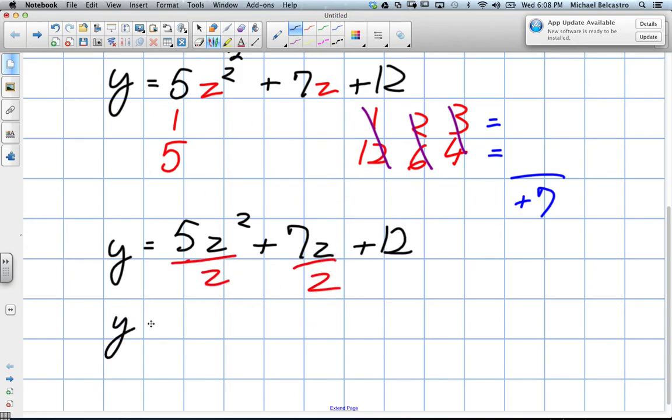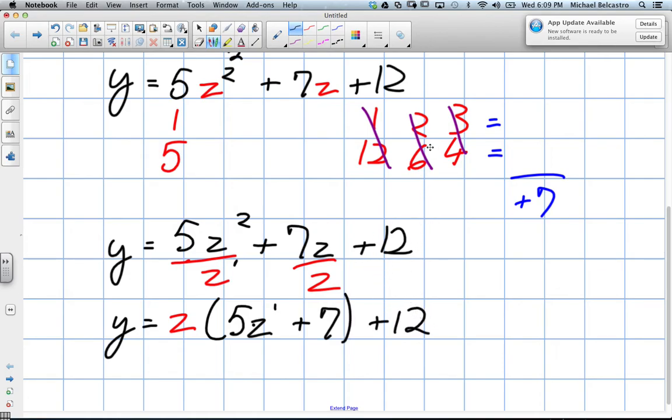So y is equal to z. What would this become? It would still just be z, because z squared divided by z to the power of 1, you subtract the 2 exponents, so we get z to the power of 1. And what would this become? 7z divided by z, 7. Yeah, that's right. Does anything happen to this 12? No, we just leave it on the outside.